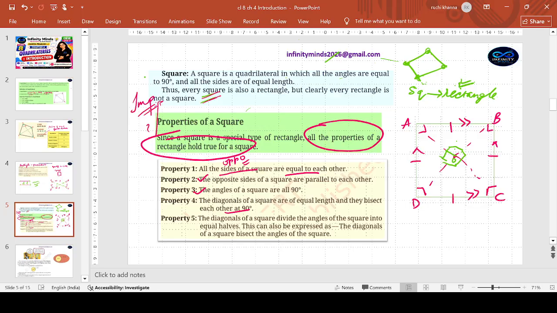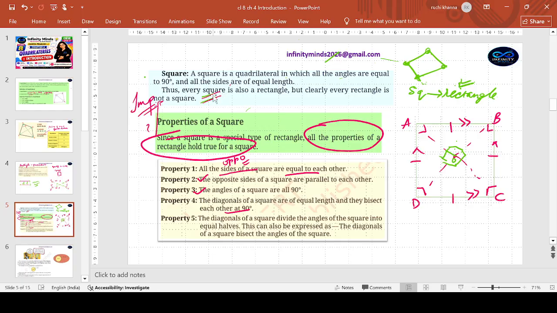No. For something to be a square, it should satisfy the condition of all sides being equal, and it should satisfy the diagonals meeting at 90 degrees. So, a square contains extra conditions. Hence, every square is also a rectangle, but clearly a rectangle cannot be a square.